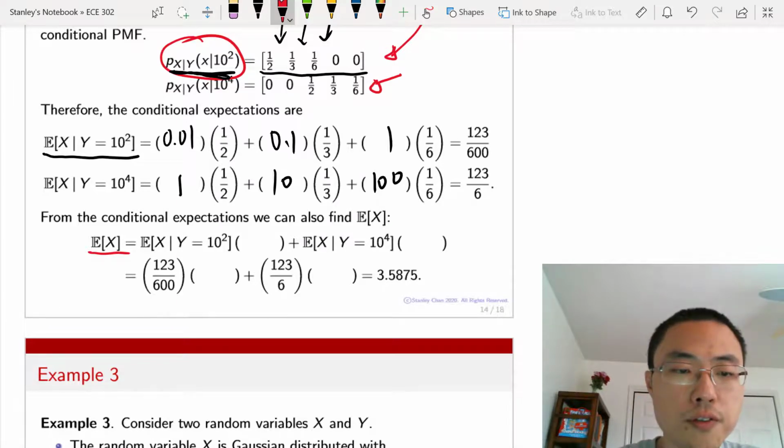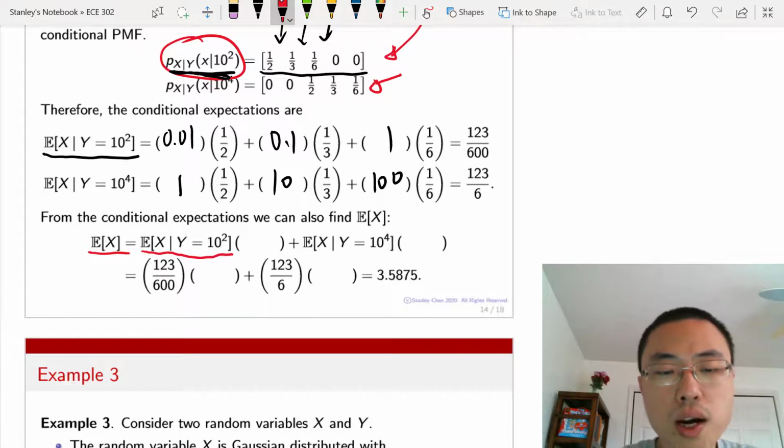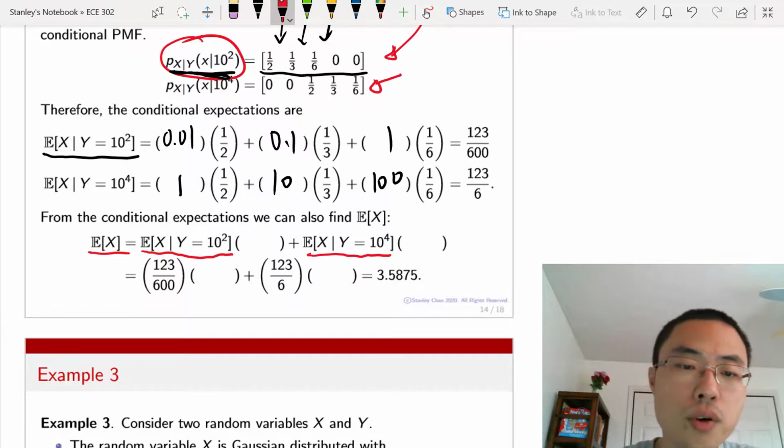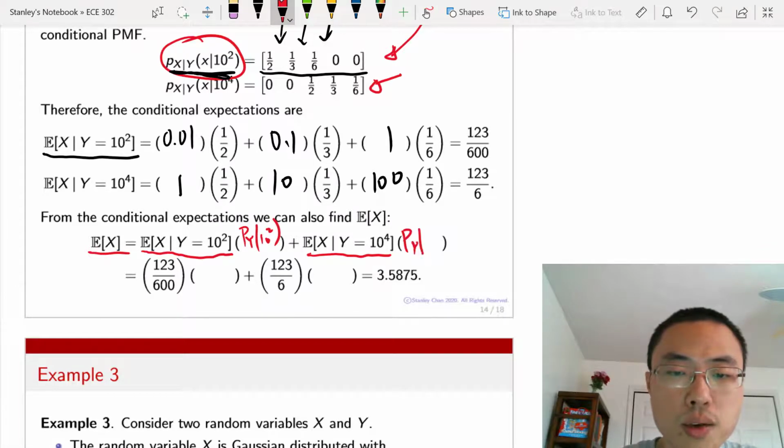Well, we need the conditional expectation for y equals 10^2 and the conditional expectation for y equals 10^4. We need to put in a number, and this number here is p_Y(10^2). This is p_Y(10^4). So these are the two numbers.